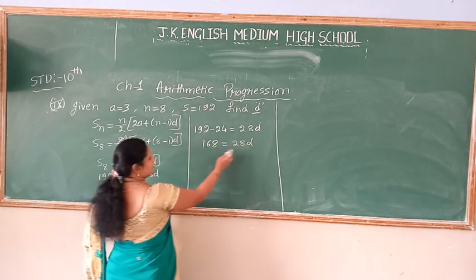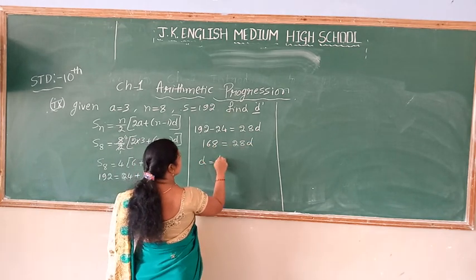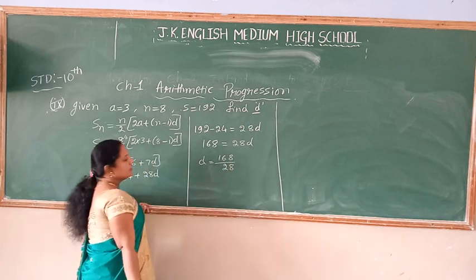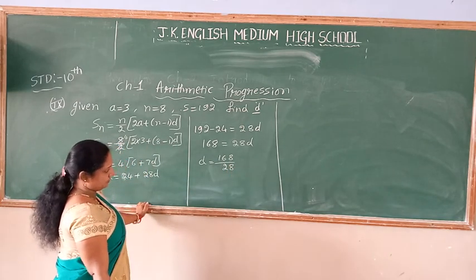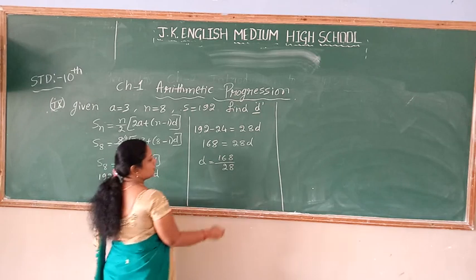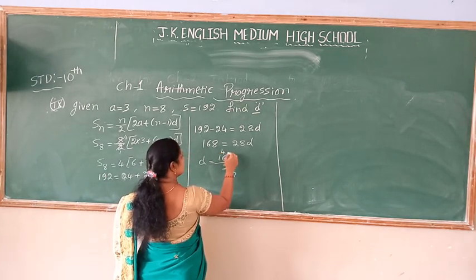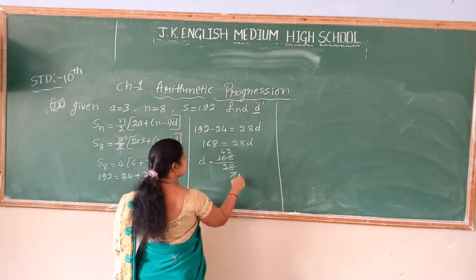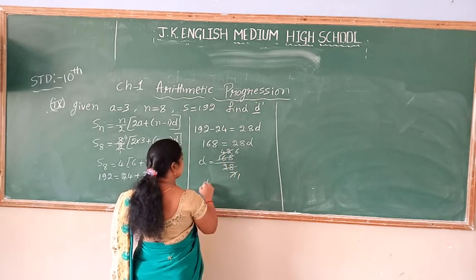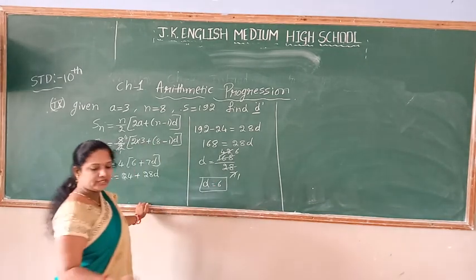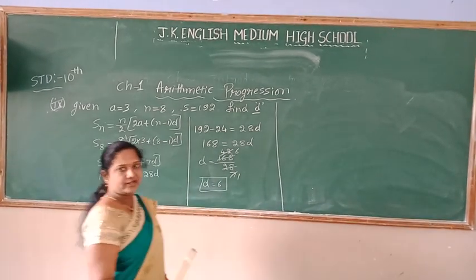Then, d is equal to 168 divided by 28. In which table will it go? 7 sixes are 42, so the d value I got is 6. They asked us to find the d value, and I got the value of d.